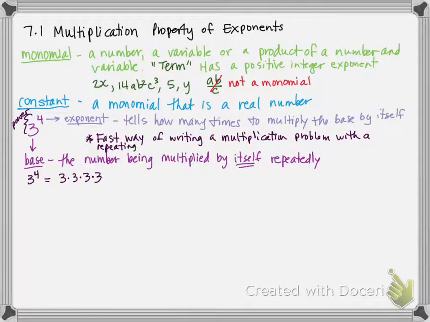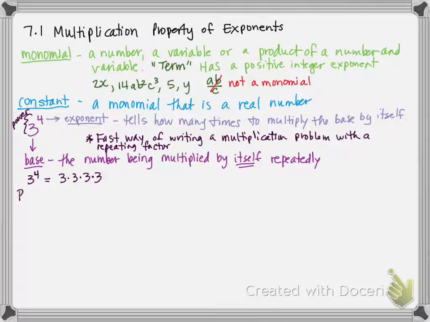If things should show up once, you're not going to do exponents. But if the factor is repeating more than once, then you can use exponents. Okay, so we've got two rules we're going to learn, and hopefully we'll get them both on the same slide.